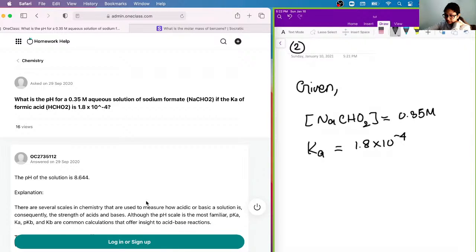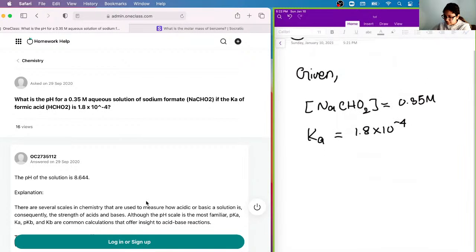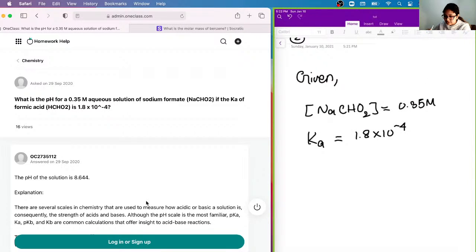What we have to do here is first come up with an equation for our acid ionization constant. Since we're talking about acids, we're dealing with Ka, the equilibrium constant for chemical reactions involving weak acids in aqueous solution.